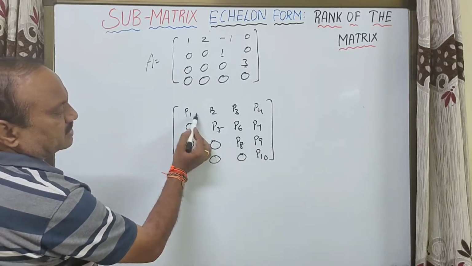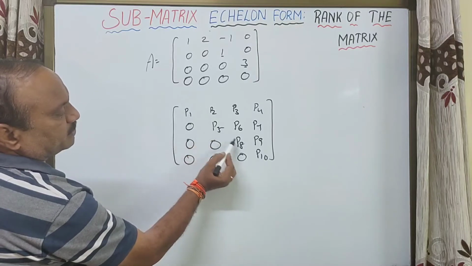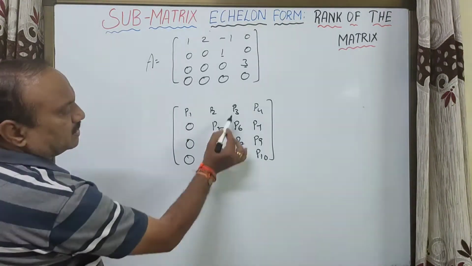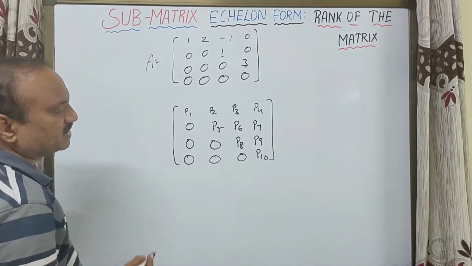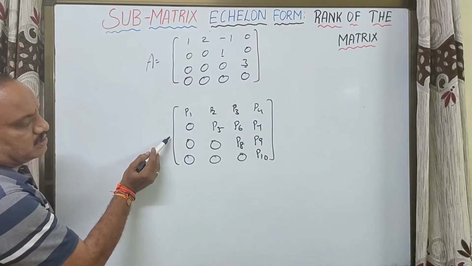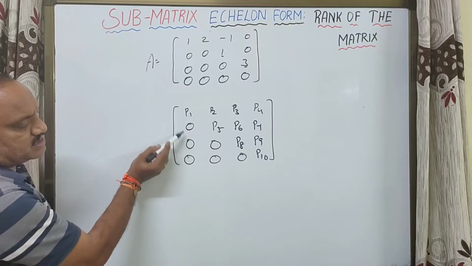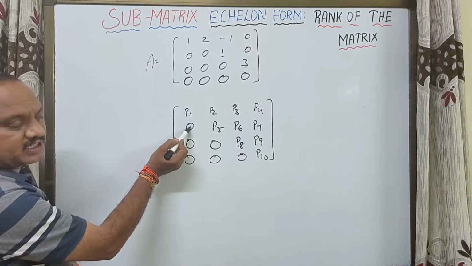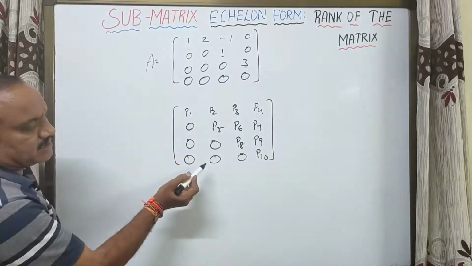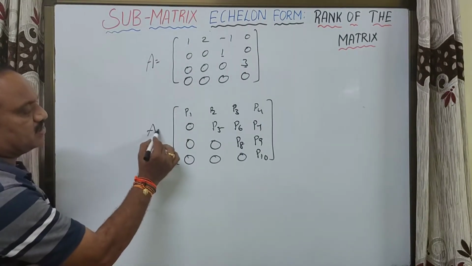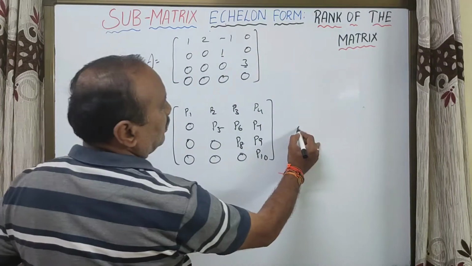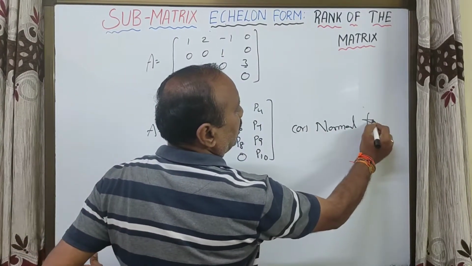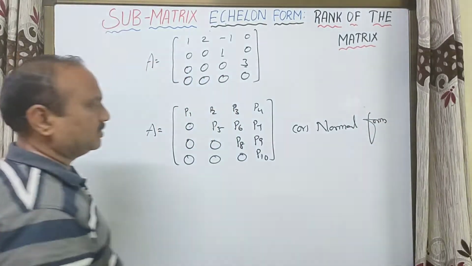These are the defined numbers. P1, P5, P8, P10 are first significant figures. It may be zeros also. Here, from 2 consecutive rows, we consider the number of zeros before the first significant figure increased. So this form is called echelon form or normal form of the matrix, normal form or echelon form.